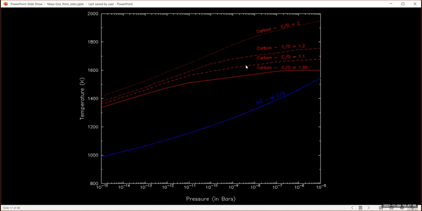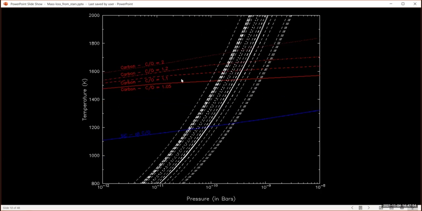As you increase the amount of carbon that is left after making carbon monoxide, you will increase the temperature at which the carbon can form. You can also see here, silicon carbide is forming at a slightly lower temperature than just carbon, but this stuff is not sensitive to the carbon to oxygen ratio, and that's in part because it's dictated by the abundance of silicon. So this is what temperatures things should form at.